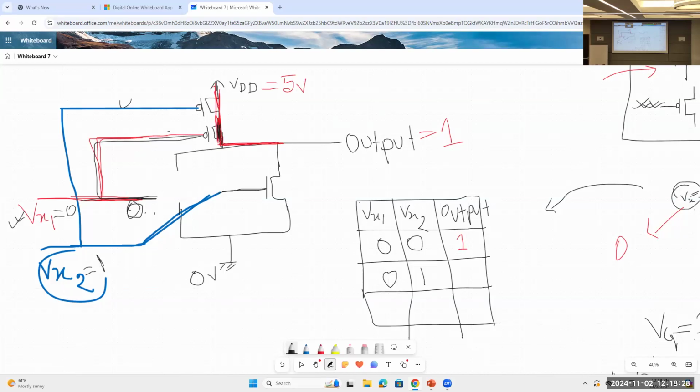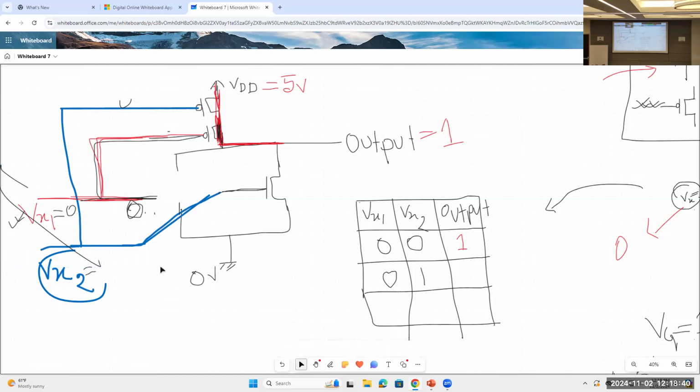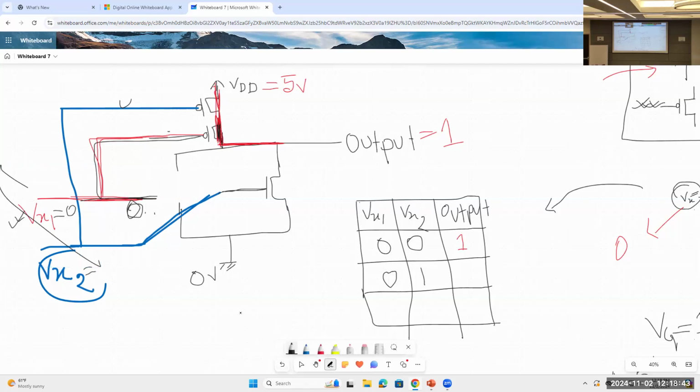And let's move to VX2. In this case, we have set VX2 as logical 1. So this 1 will come to the input of this NMOS. When an NMOS gets 1 as an input, it will be turned on, right?